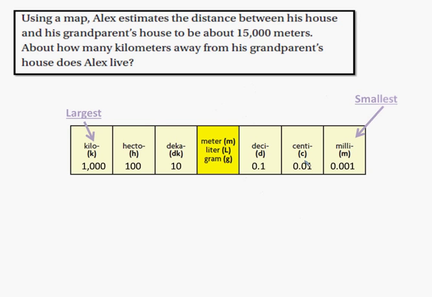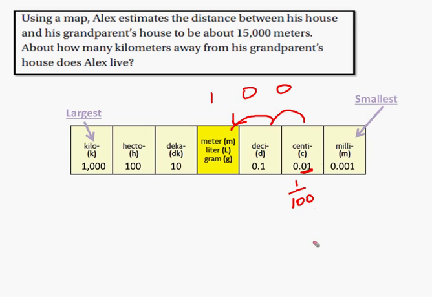Centimeters is 100th of a meter, centiliters is 100th of a liter, centigrams is 100th of a gram. So we move 2 places over, and so we put 2 zeros after it. That means there's 100 centimeters in a meter, and the centimeter is 100th of a meter.